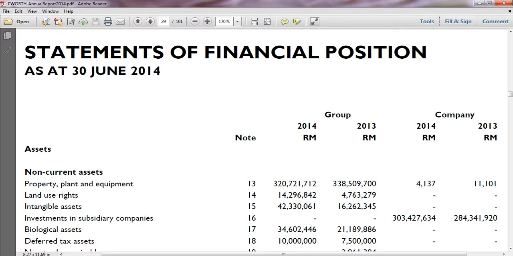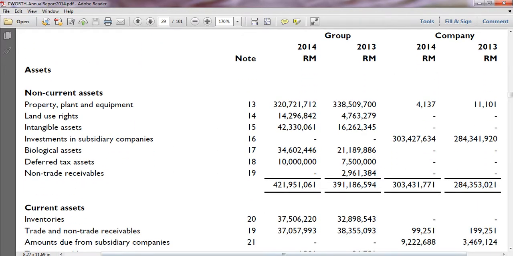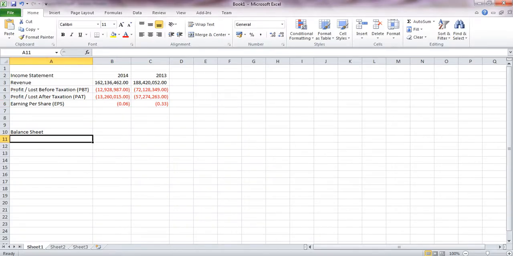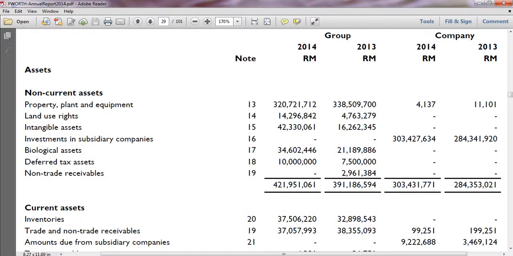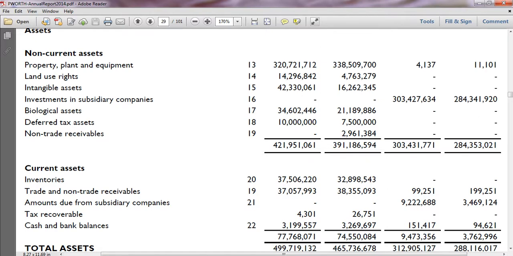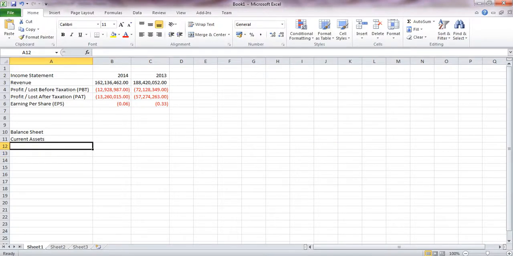So the next one is the balance sheet. Of course here I'm looking at the assets. Talking about assets, it comes with two things: current assets, where I take everything over there, and non-current assets. For current assets, I'll take this one, inventory.